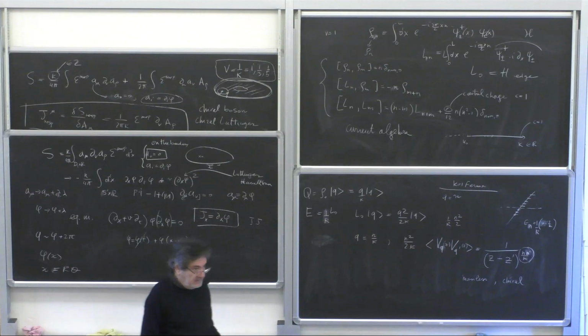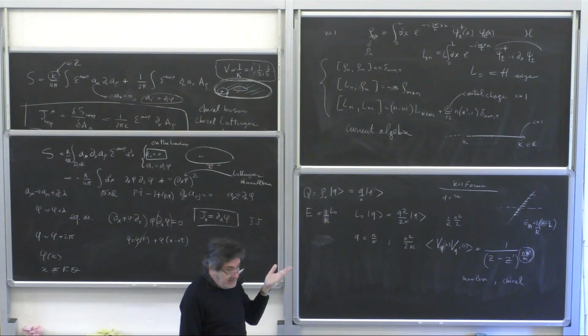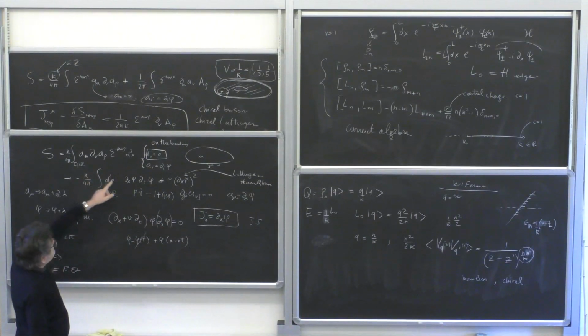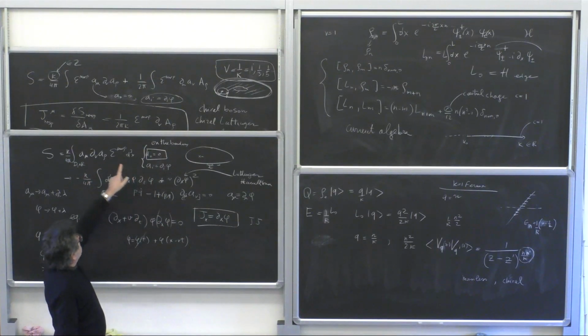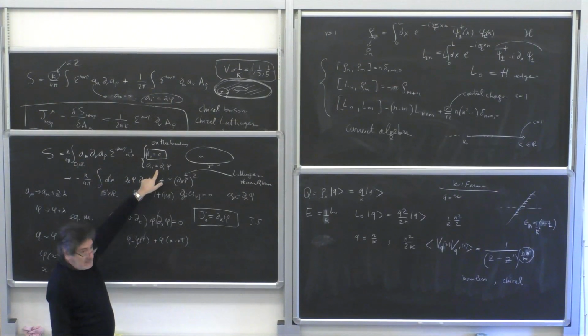The base is a circle, and phi is an element of U1 because it originated from the gauge group. It's a gauge transformation; A is a gauge field.